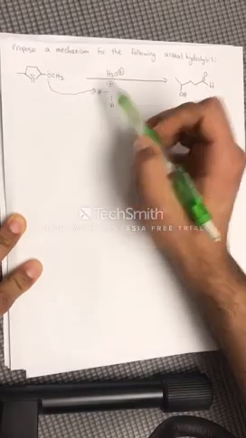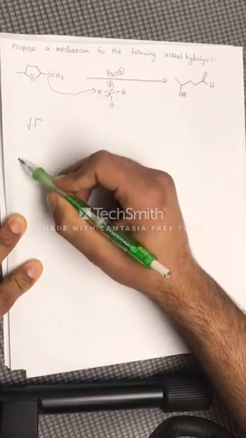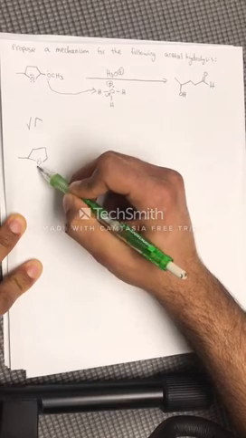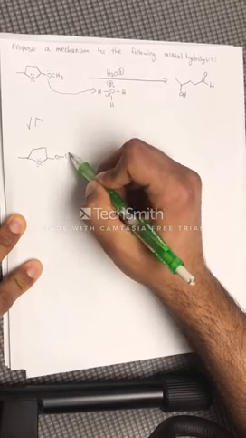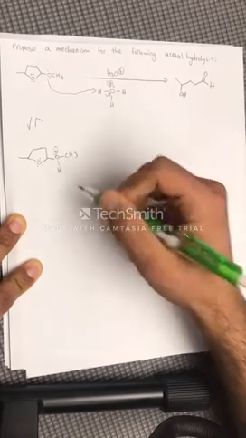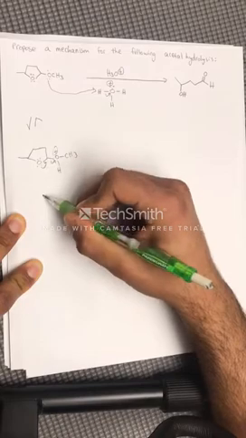So, acid-base chemistry. And you get your oxonium. Next, these electrons on this oxygen will come down and kick off this leaving group.